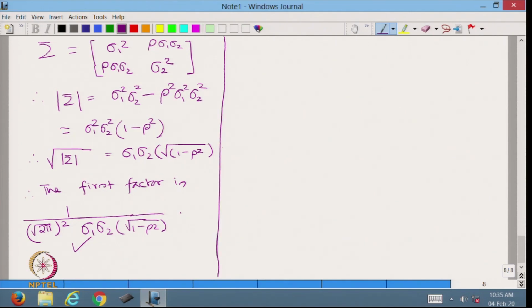Now, let us look at the second component, which is x minus mu 1, y minus mu 2, sigma inverse. Now, we are writing it as a column vector x minus mu 1, y minus mu 2. What is sigma inverse?